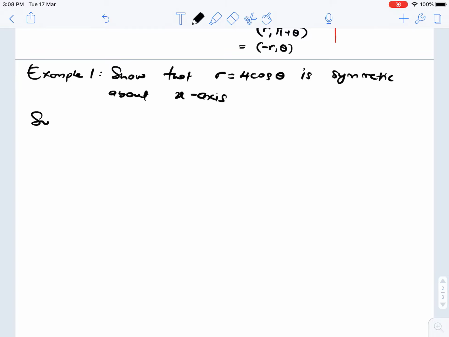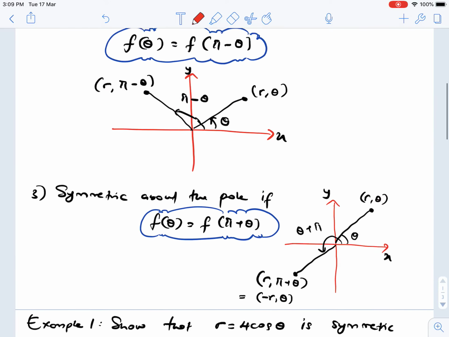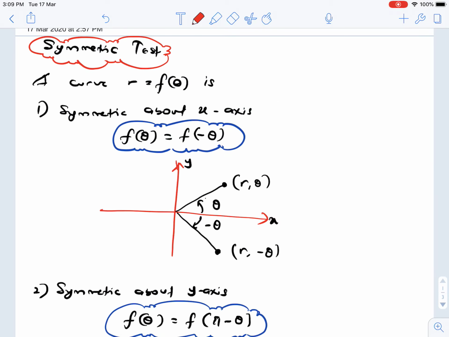So solution. Okay guys, if you refer to the previous notes, we know that in order to show the curve is symmetric about x-axis, we need to show that f theta equals to f negative theta.